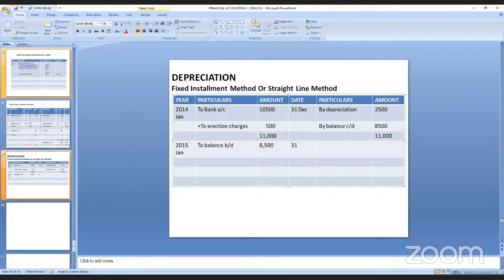So next is 31st December. What is the depreciation amount? By depreciation, how much? It is 2,500. It is given that it is fixed. So what is the total here? It is 8,500. I will put the total in red color.